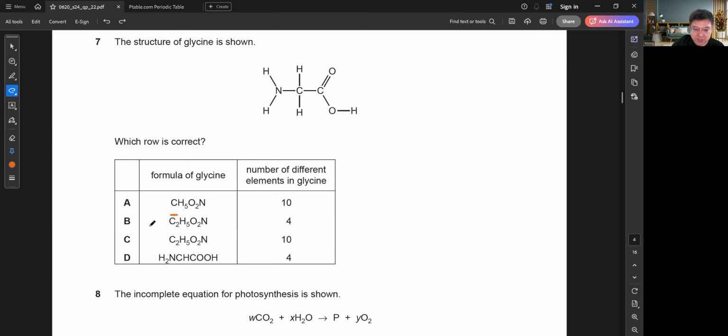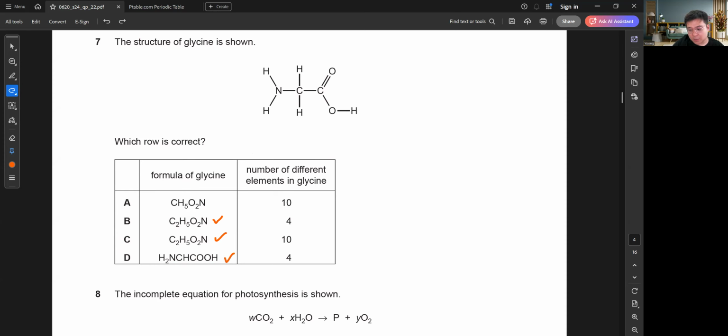So it can either be B, C, or D, because there is also 2 carbon in the donkey. 2 oxygen, so yes, B, C, D again, all 3 meet the requirement. And it has to have 1, 2, 3, 4, 5 hydrogen and 1 nitrogen. So this is correct, this is correct. This is correct as well.